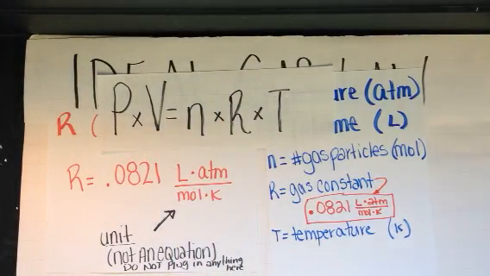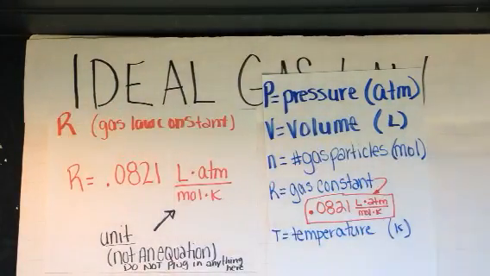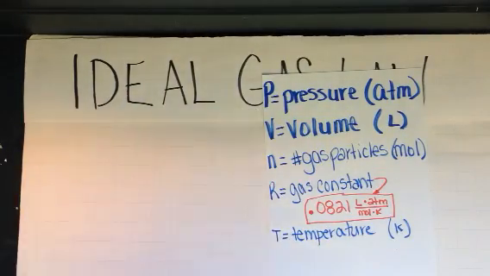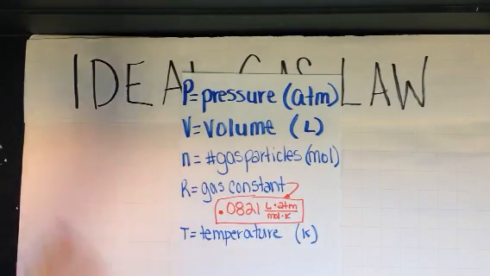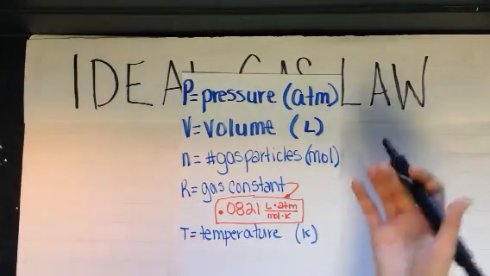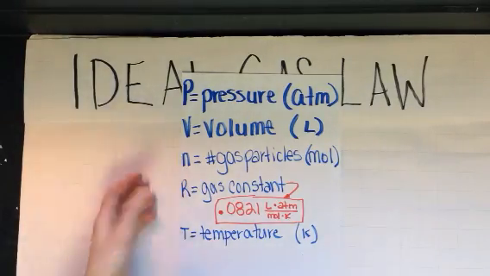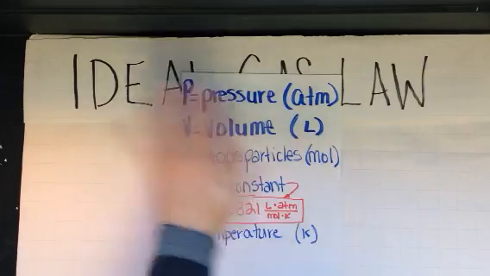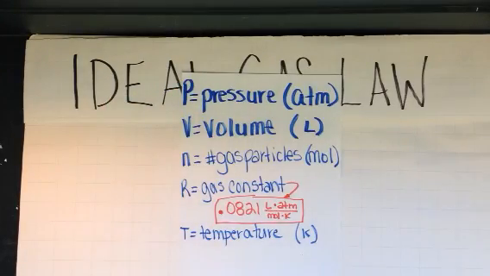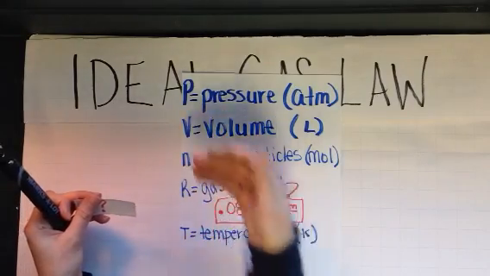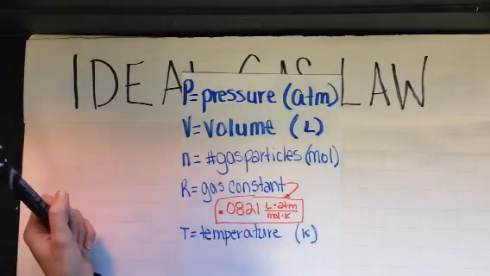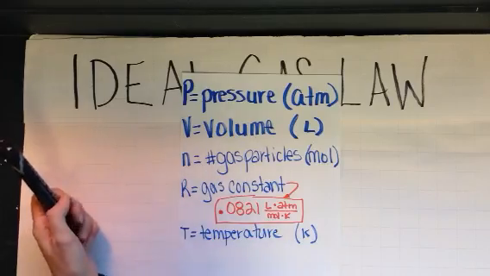Okay, so if you see here, we're now going to be given problems that just have a pressure or a volume or moles or temperature. We're not going to be given initial and final conditions when dealing with the ideal gas law. They're just going to be conditions. And what's going to happen is you're going to get maybe 3 of these conditions, and one of them is going to be what they're going to be asking you to solve for.